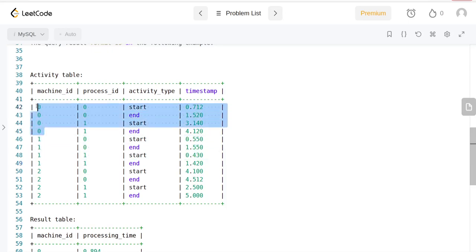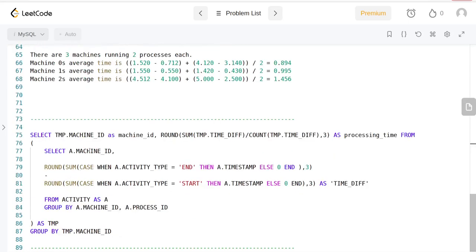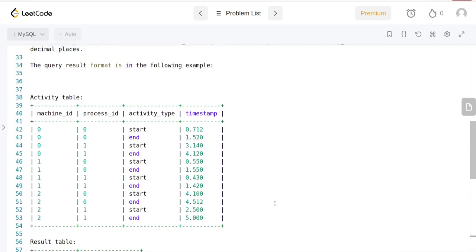So we're going to be grouping them by the machine ID. But at the same time, we also want to group them by the process ID. And just remember, in this query we do need a machine ID, but we don't use process ID anywhere. Here we are not using the process ID, but we still need to group by it because, when calculating the start and end, they should be grouped separately. So that's how it's going to get grouped.